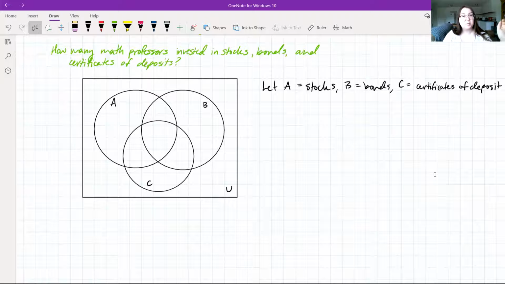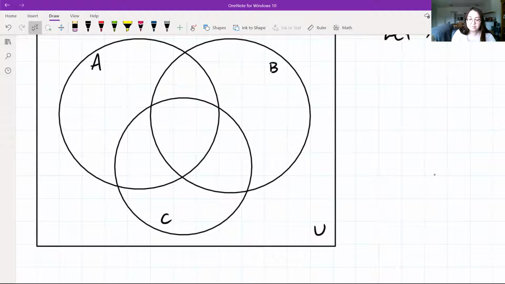So our final answer that we're trying to find is our center. So we don't know our center. That's the only thing we don't know. But we know all of the other values, but we don't know the center. So what we're going to do is we're just going to put an X, because we don't know.